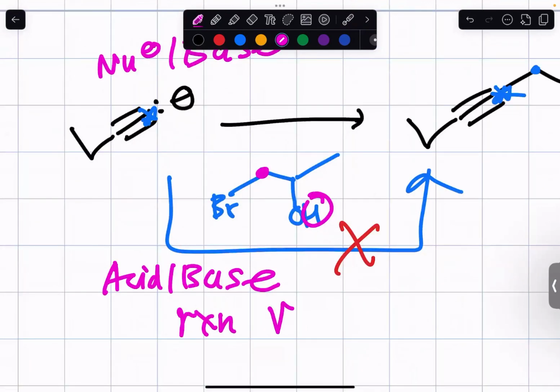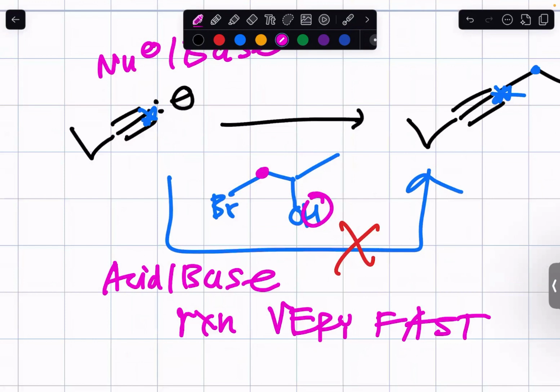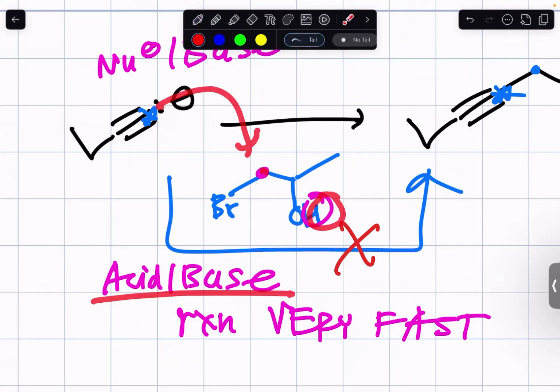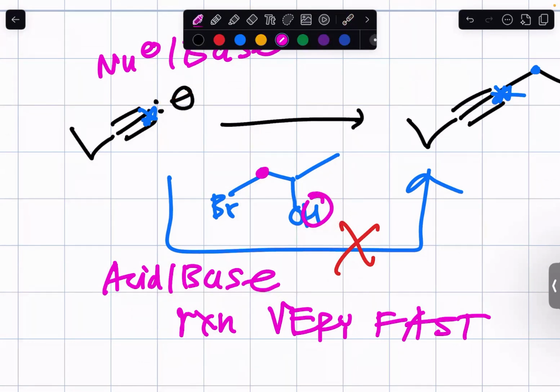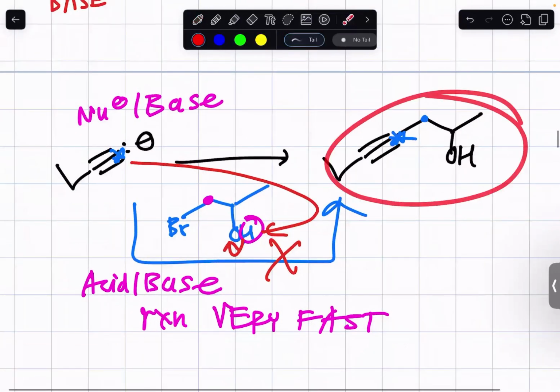It's way faster than nucleophile-electrophile reactions, where the negative charge attacks the positive charge. When an acid-base reaction is competing with a nucleophile-electrophile reaction, the acid-base reaction would be way faster. So what would happen instead is that we're just going to deprotonate that alcohol right there, right? So we don't want that.